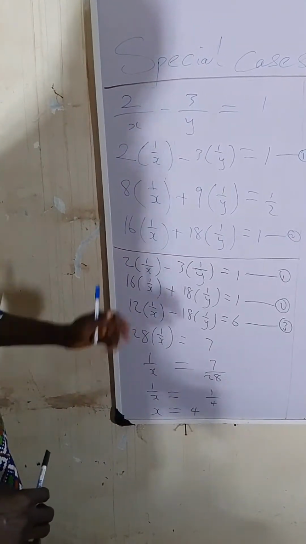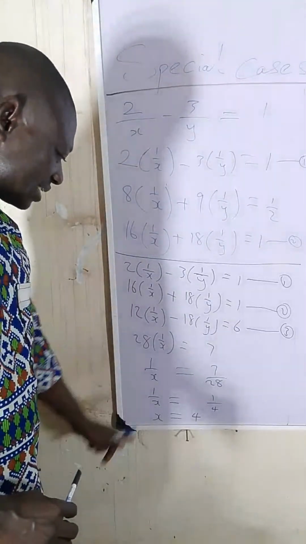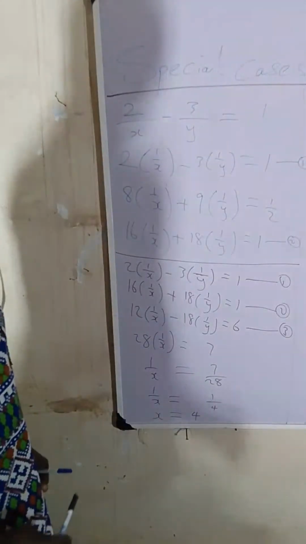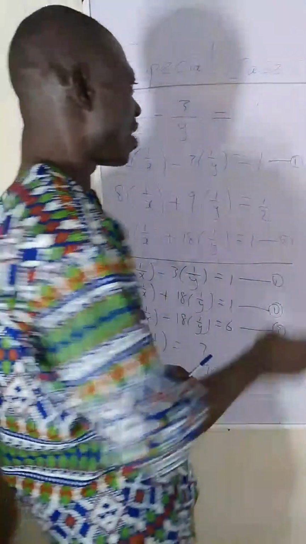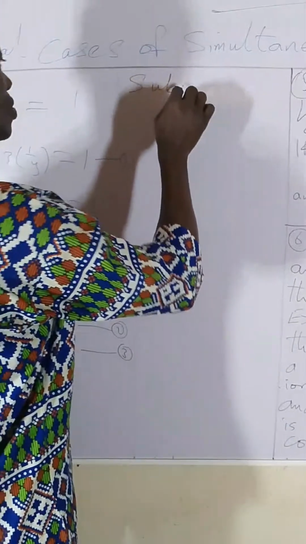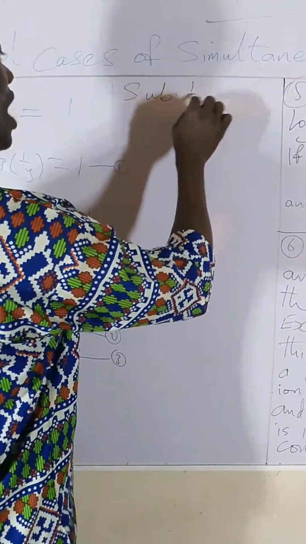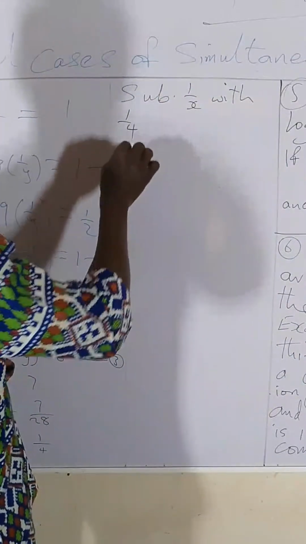Now, let us go and substitute 1 over x with 1 over 4 in equation 1 or equation 2. But let us use equation 1 now. And we can say substitute 1 over x with 1 over 4.